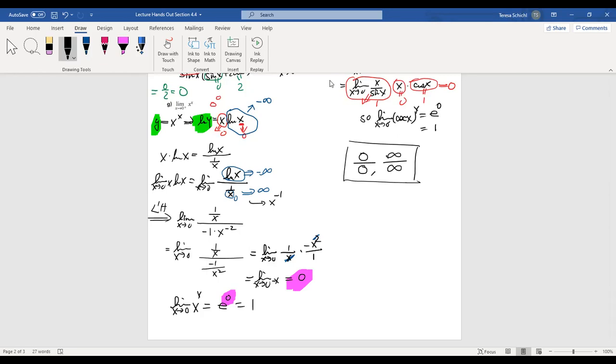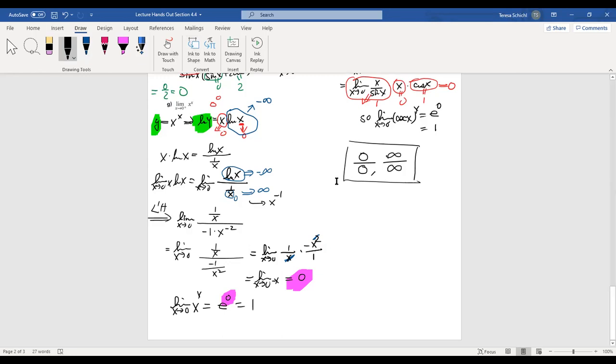How about if you have the other indeterminate forms? You just need to find some type of transformation or algebraic combination, and then you change the form to 0 over 0 or infinity over infinity. Then you can apply L'Hopital's rule.